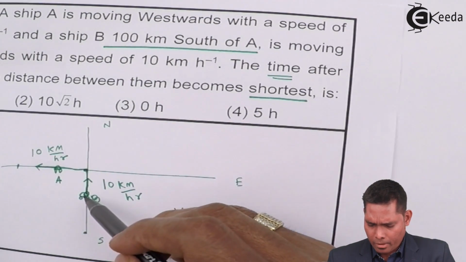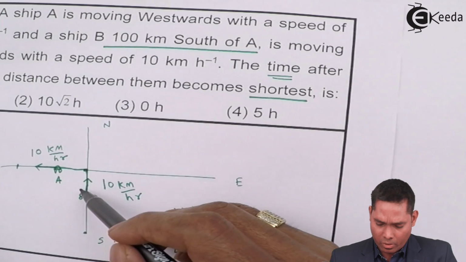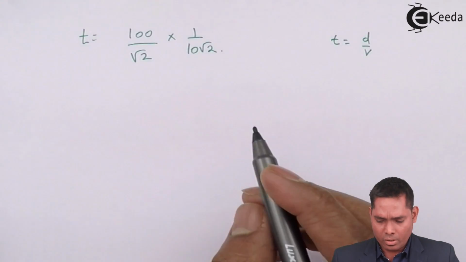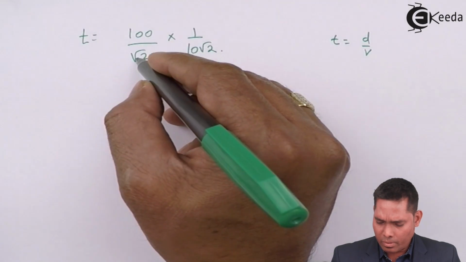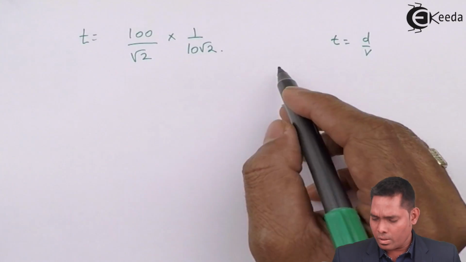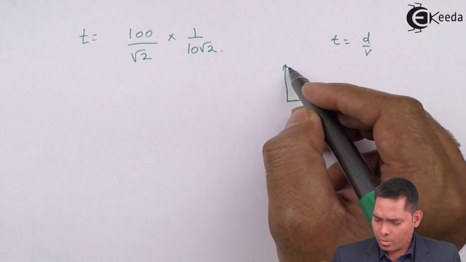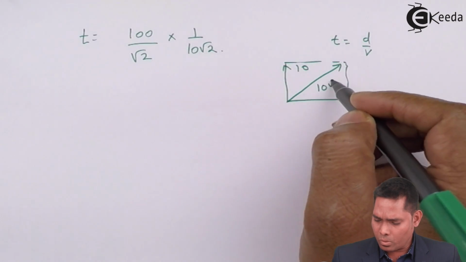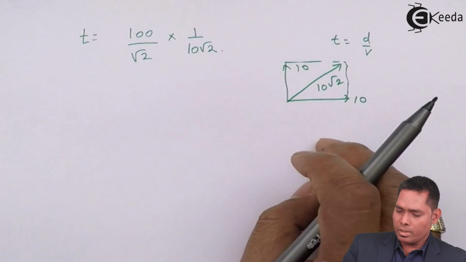The speed is 10 root 2, because the speeds are 10 and 10, and the resultant is 10 root 2.